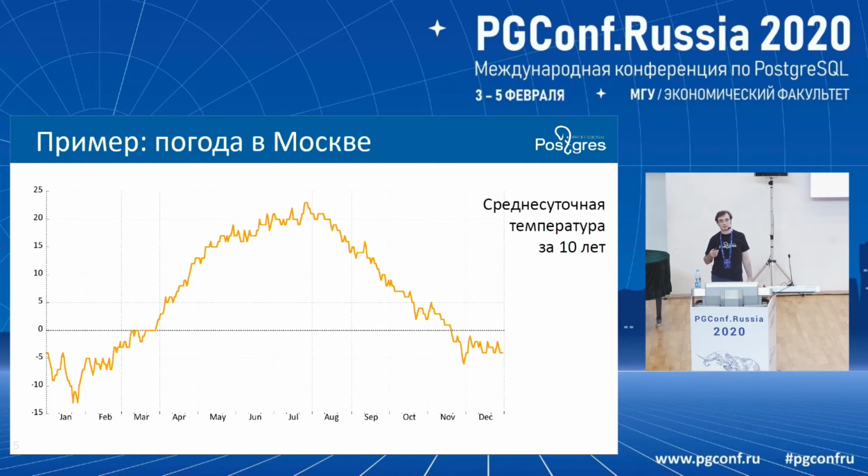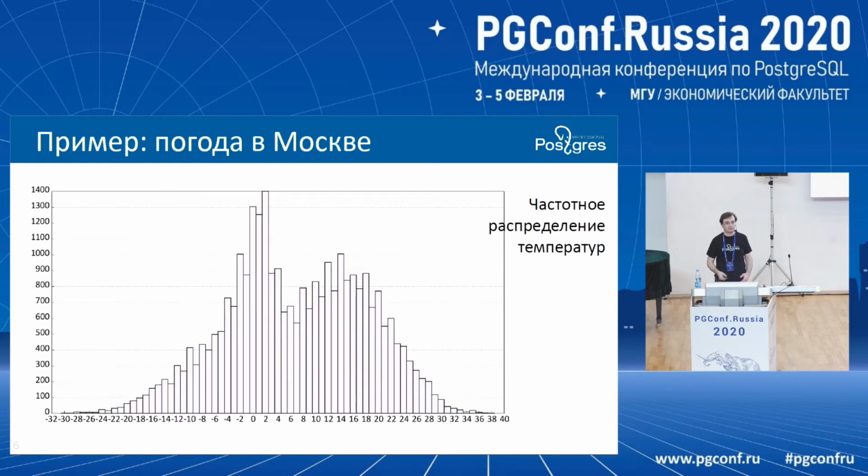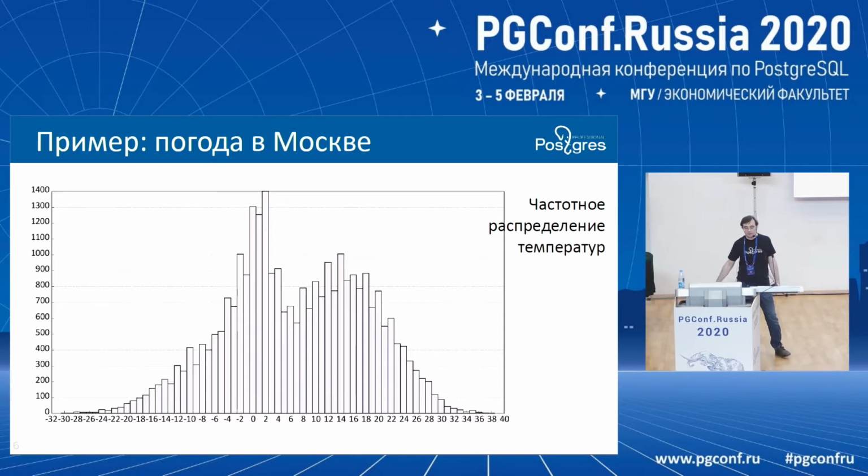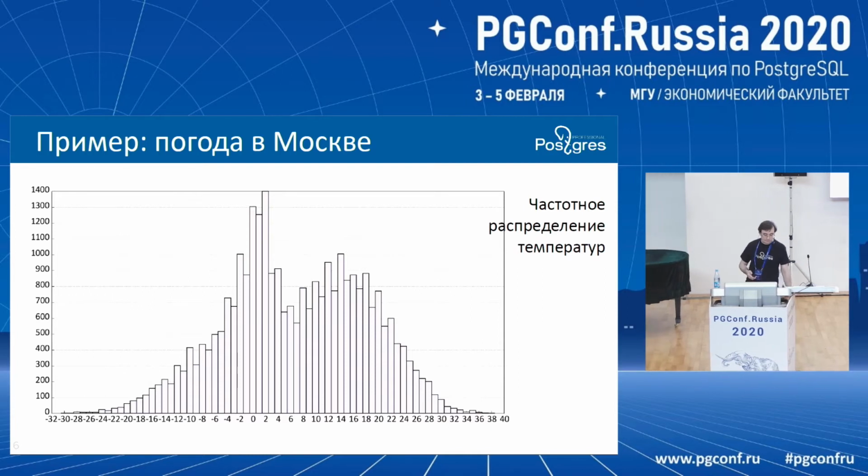The temperature is a number, and if we see how many times each temperature is encountered, then we get such an interesting graph. Unfortunately, the color is not visible, but anyway.